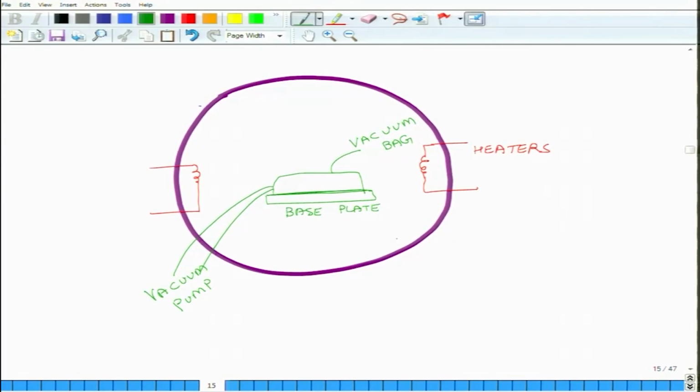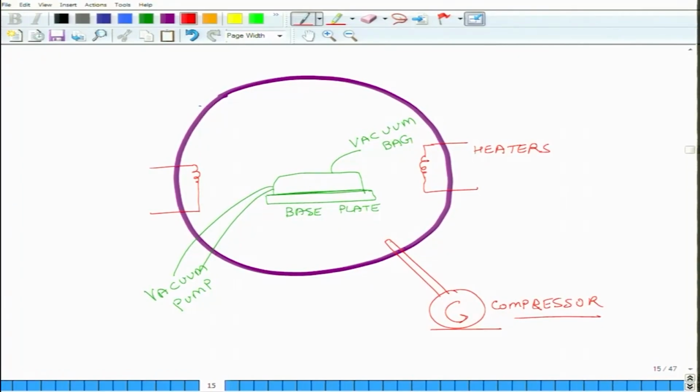And to increase the pressure inside this, what do I do? I have a pressure line. This is a compressor, and what this compressor does is it maintains the pressure in the chamber at a high level.